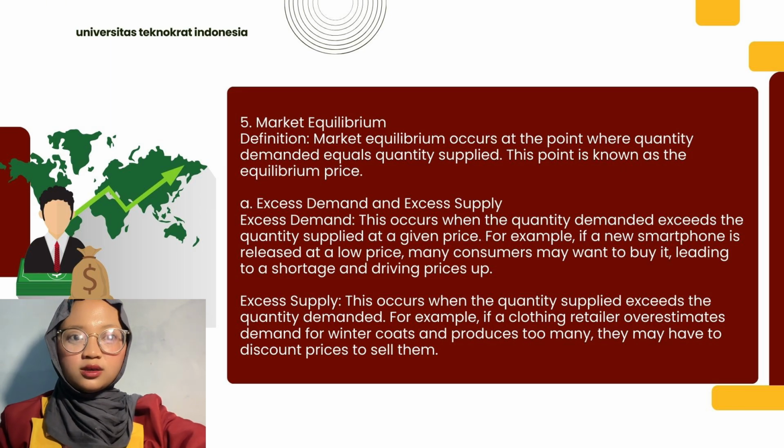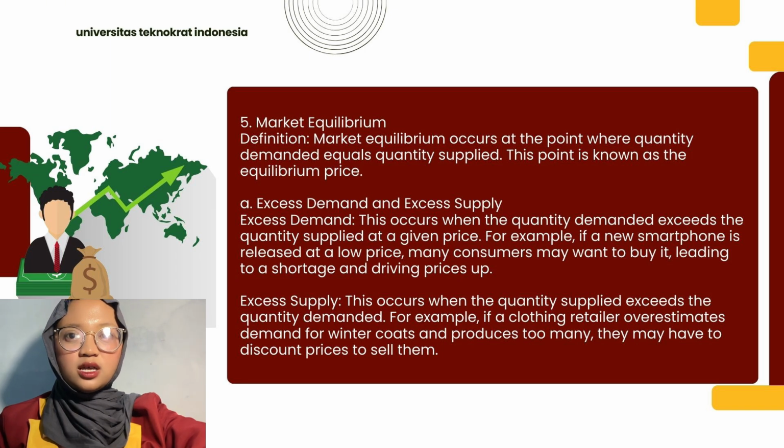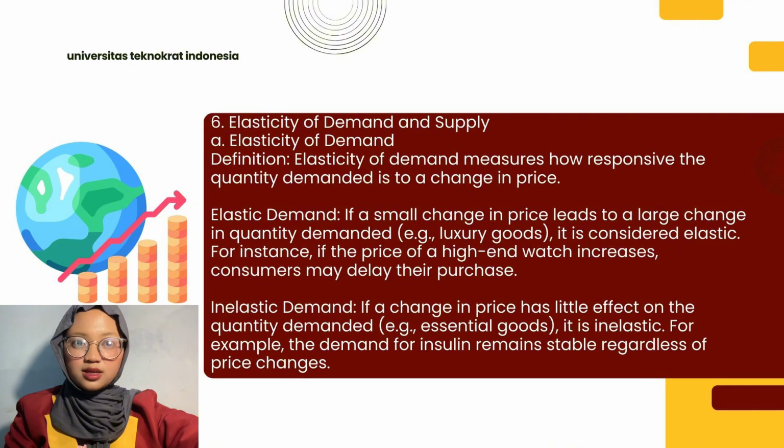Excess supply. This occurs when the quantity supplied exceeds the quantity demanded. For example, if a clothing retailer overestimates demand for winter coats and produces too many, they may have to discount the price to sell them.